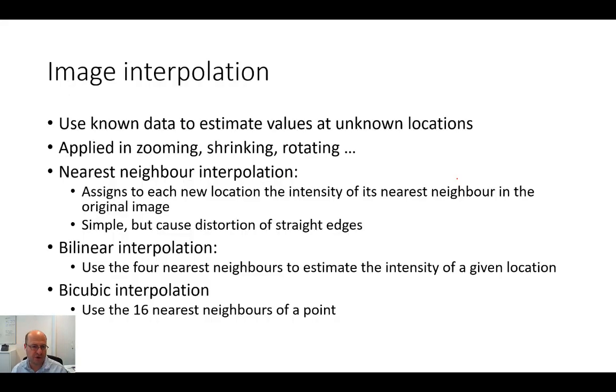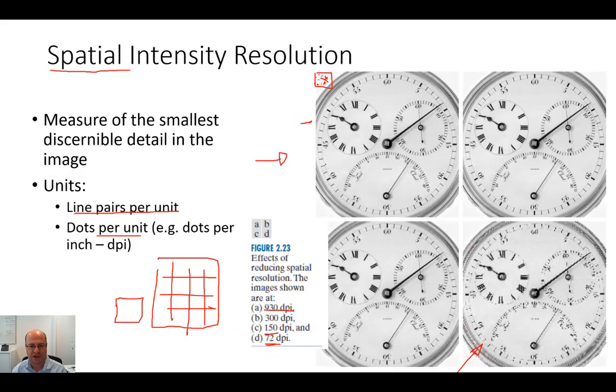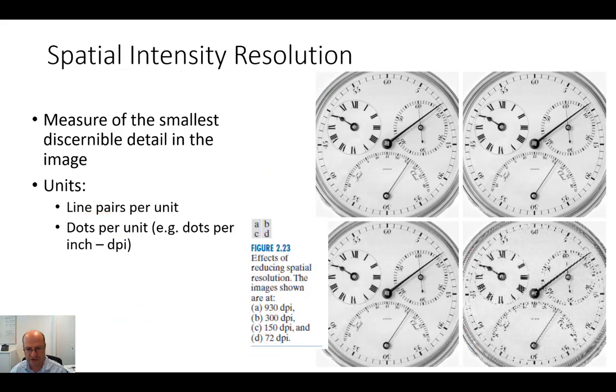Image interpolation is a basic process that you use in order to do the zooming of an image, shrinking and rotating. Let's pick up this example here. I'll just erase it all.